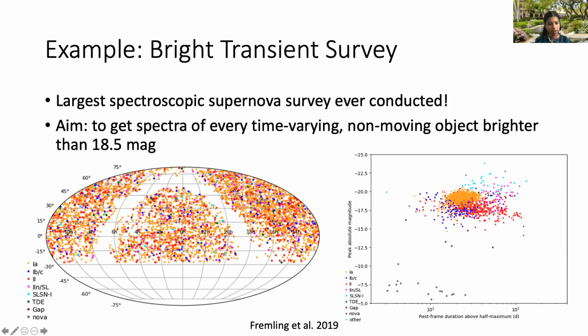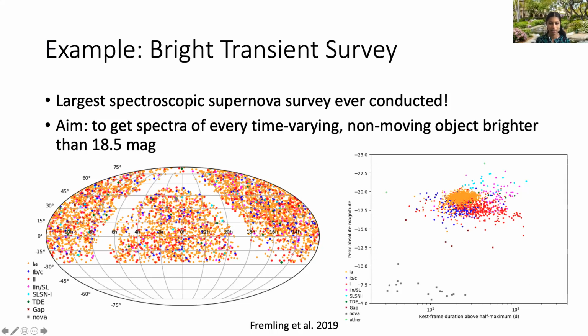And so you can see here the different supernovae detected as a function of sky position. You'll see this white region here, which corresponds to the galactic plane, and that it's white here because it's very hard to detect transients when there's a lot of extinction from the galactic plane and other kinds of contaminant objects. And then we see a phase space plot. So here it's peak absolute magnitude as a function of rest frame duration above half max.